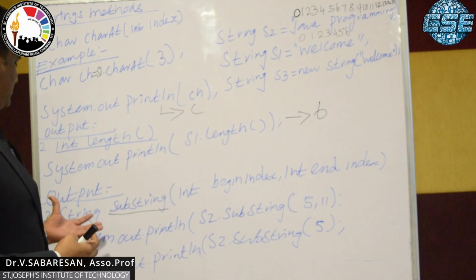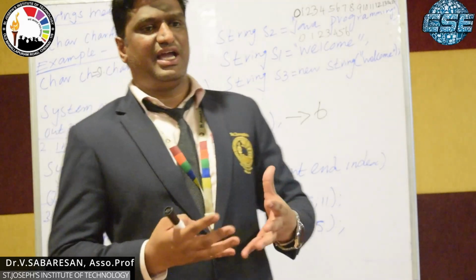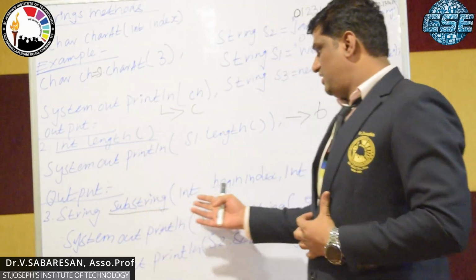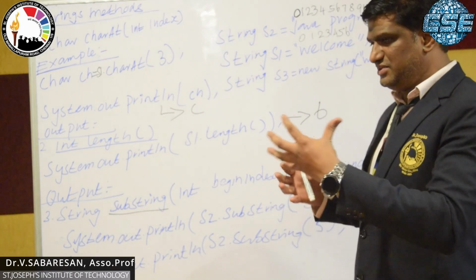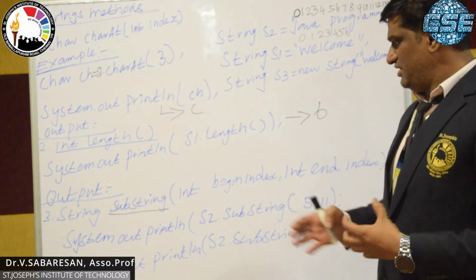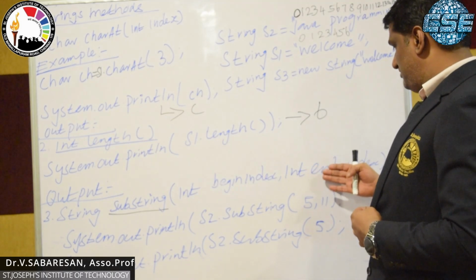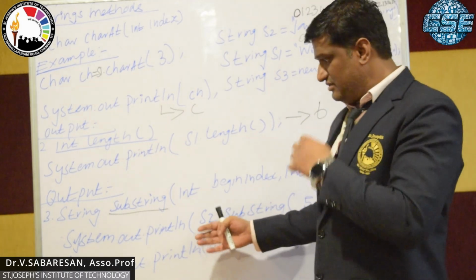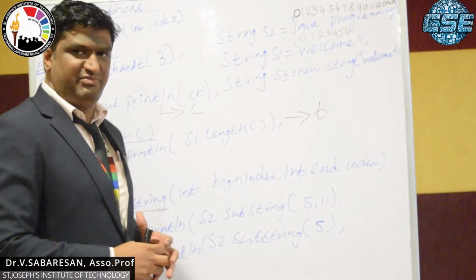The method returns a string, and here you provide the starting index and ending index. It returns the substring within the starting and ending index. Let me see an example. Here are two examples I've given. Let me discuss them briefly one by one.